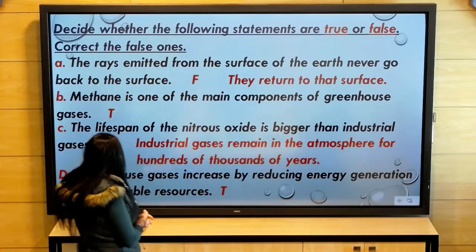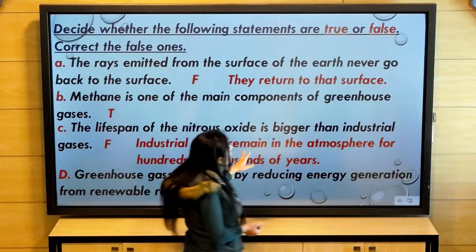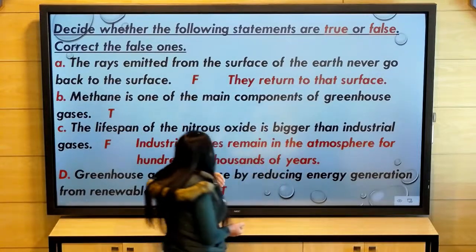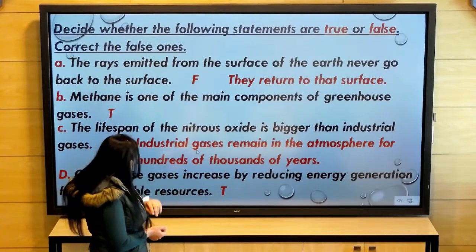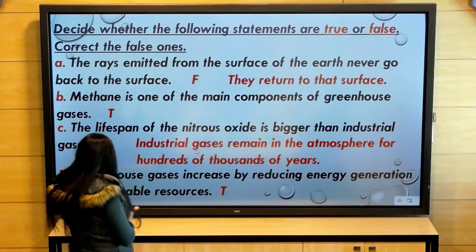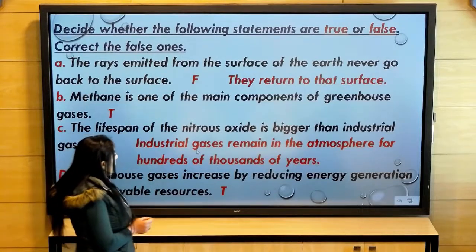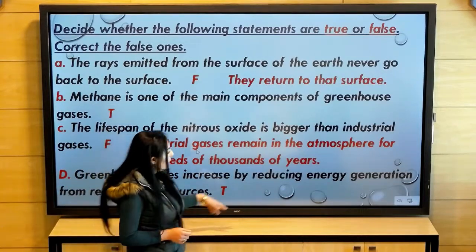It's true. C. The lifespan of the nitrous oxide is bigger than industrial gases. False, because industrial gases remain in the atmosphere for hundreds of thousands of years. D. Greenhouse gases increase by reducing energy generation from renewable resources, and it's true.